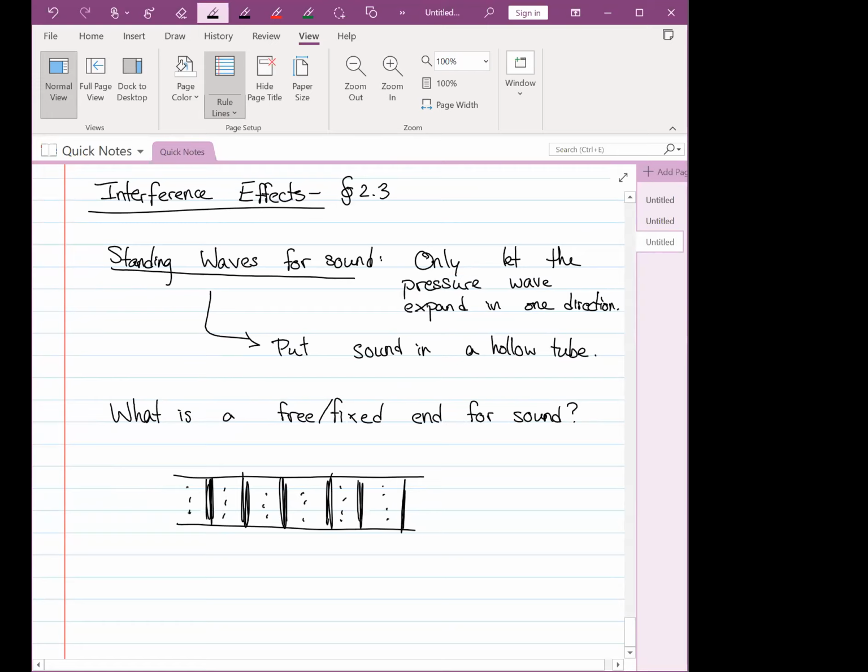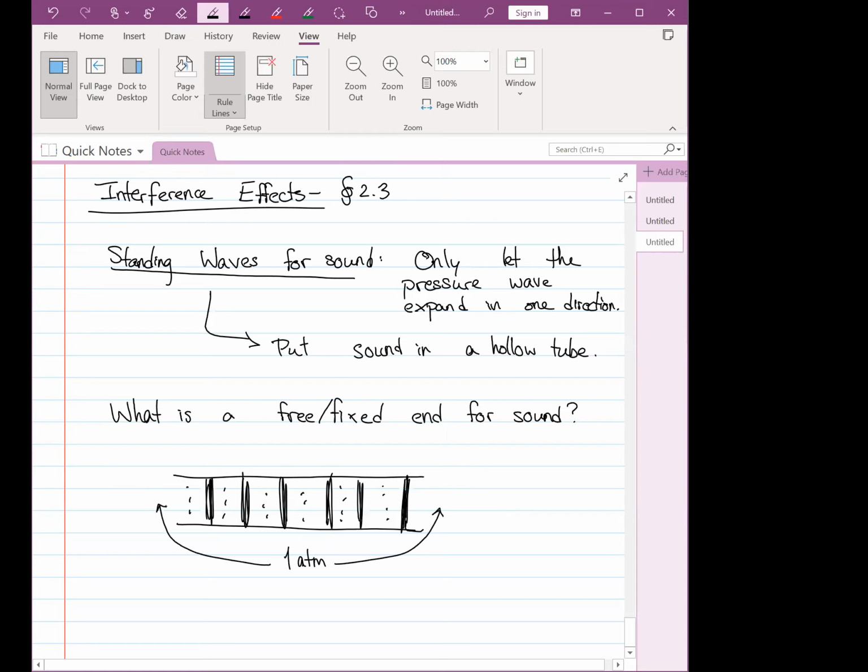But how would it make sense to say that this is a fixed or free end at all? Well, think about it this way. What's the pressure outside the tube? The pressure outside the tube is whatever the pressure is. It's typically 1 atmosphere, at sea level-ish.